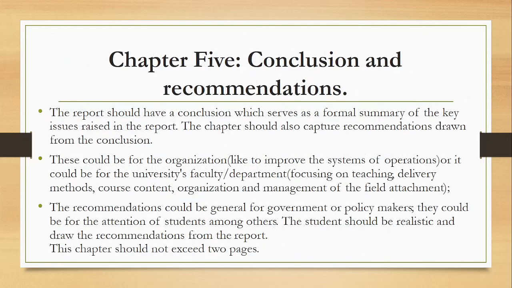Then chapter 5 is talking about conclusions and recommendations. So the report should have a conclusion which serves as a formal summary of the key issues raised in the report. So the chapter should also capture recommendations drawn from the conclusion. Ideally, this could be for the organization, right? For instance, like to improve the systems of operations, or it could be university's faculty department, maybe focusing on how they do the delivery, course content, right, organization and management.